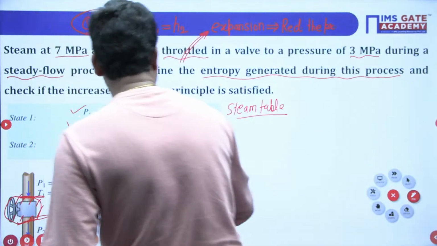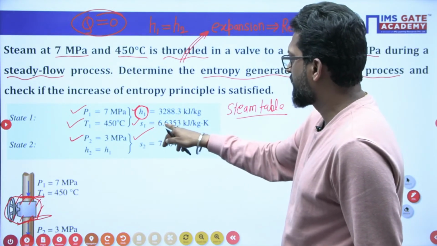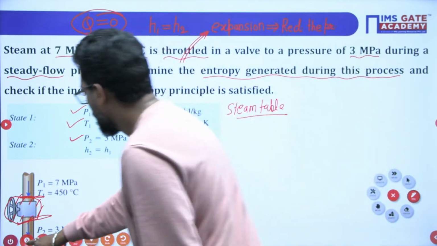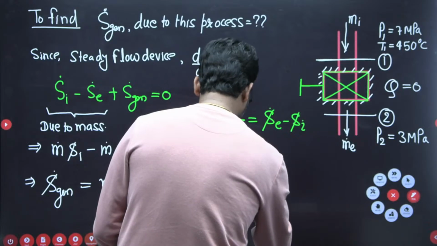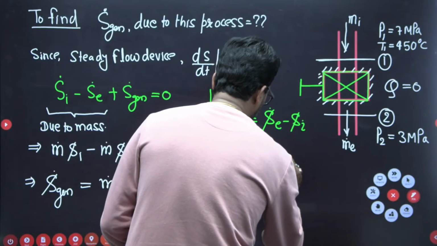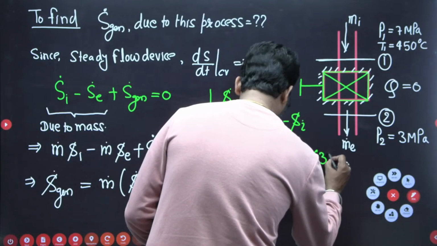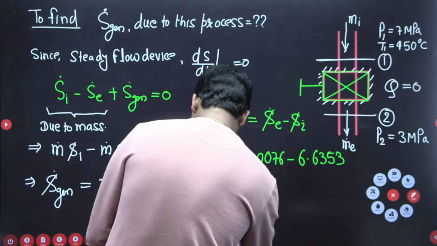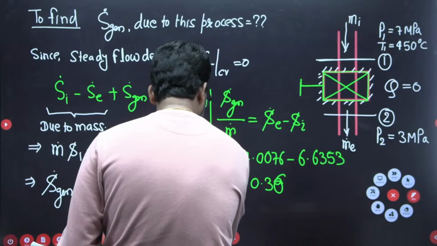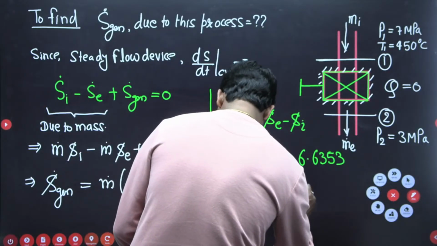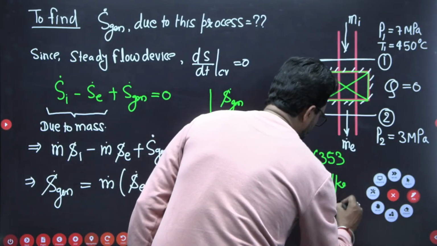S exit is 7.0046 and S inlet is 6.6353. Putting these values, 7.0046 minus 6.6353, what is this? This is 0.3693 kilojoule per kg Kelvin.